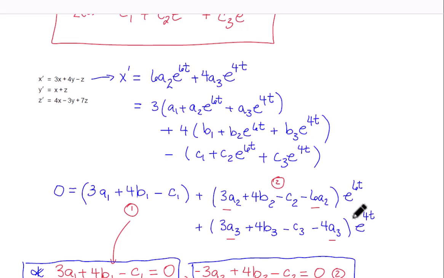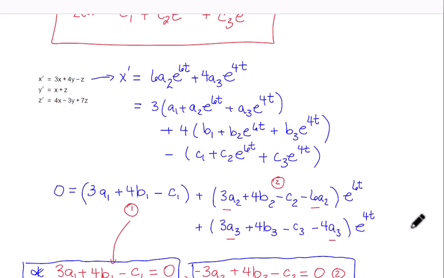All right, so I moved all of this stuff to the right, distributed all this stuff, and now I'm looking at what goes together. All the stuff that is a constant is right there. All the stuff in front of the e to the 6t is here. All the stuff in front of the e to the 4t is there.